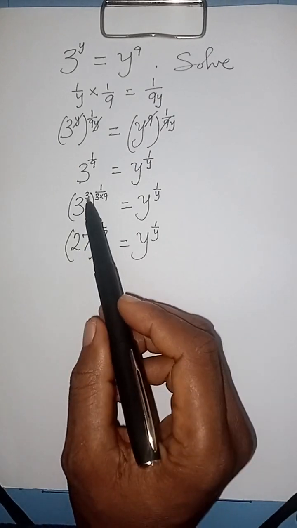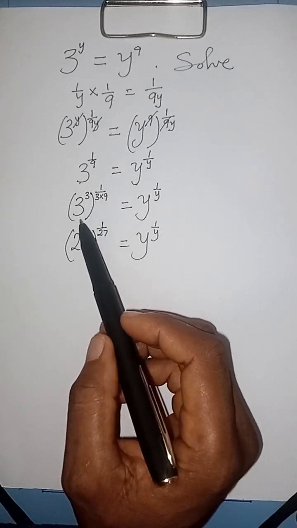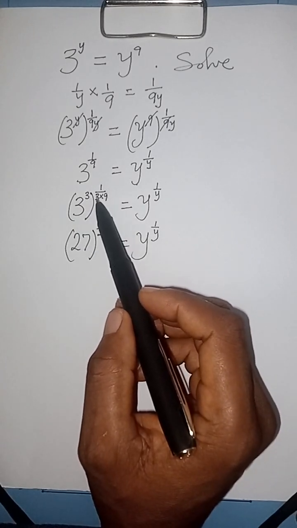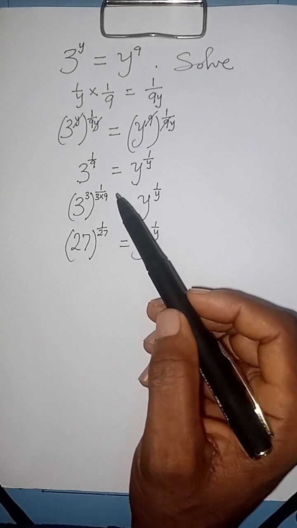If I had used 2, it's going to be 3 raised to power 2, which is 9. And remember, you're still going to multiply this by the same 2, and that will be 18. So it will not give you what you're looking for.